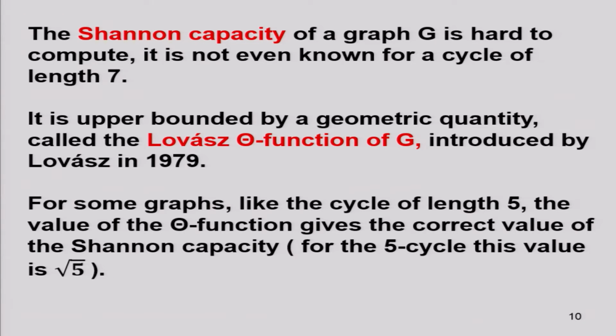On the other hand, there are several upper and lower bounds, and the best known upper bound, which is often also the best bound that we can prove, is a geometric quantity that I'll not define. It's called the Lovász theta function of a graph, and this was defined by Lovász in 79. And for some graphs, not for many, but for some graphs, it actually gives the correct value of the Shannon capacity.